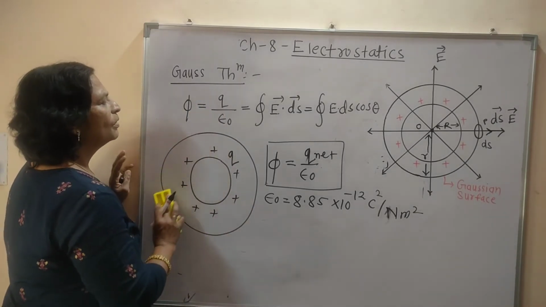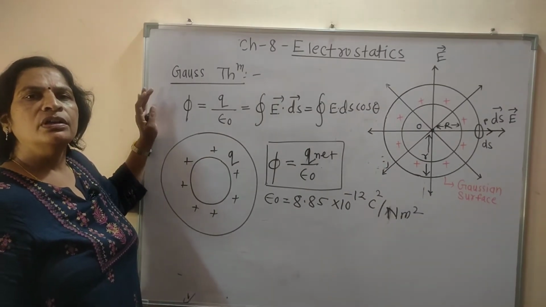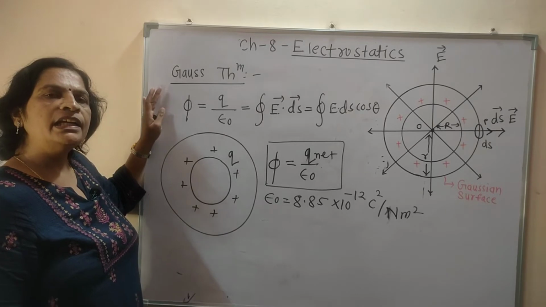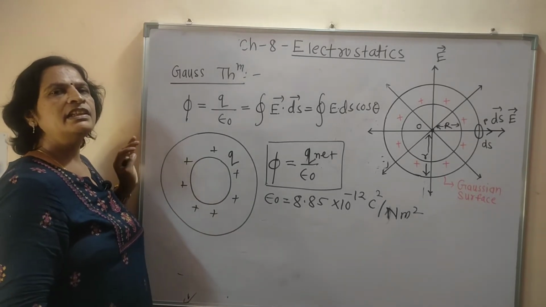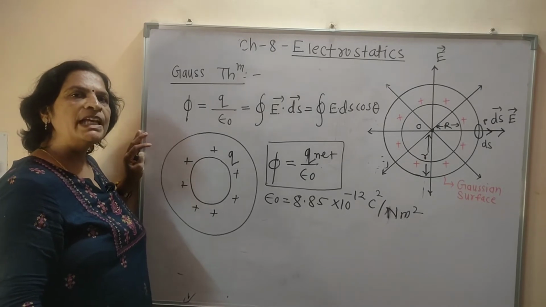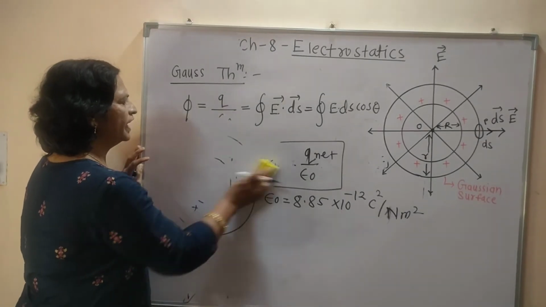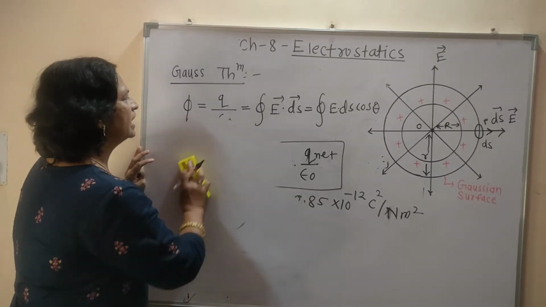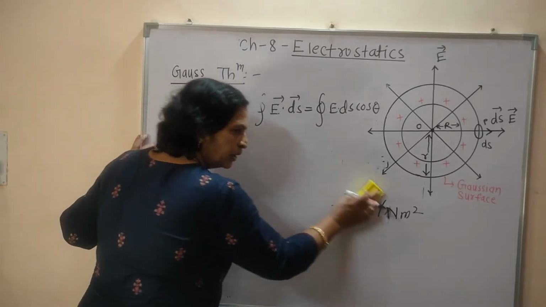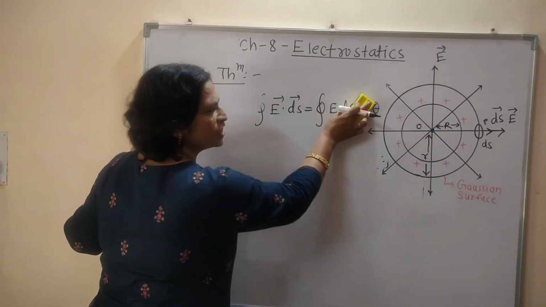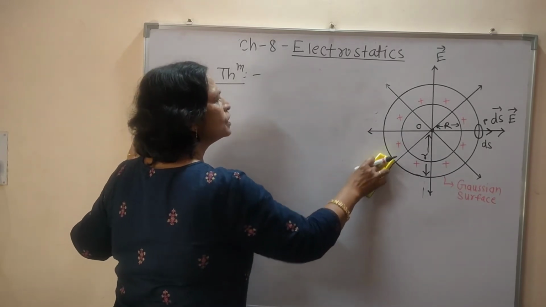Okay. Now, by using this Gauss theorem, we have to calculate the electric intensity in three different cases, which are the applications of Gauss law. The first application is the electric intensity due to a uniformly charged spherical shell or hollow sphere.